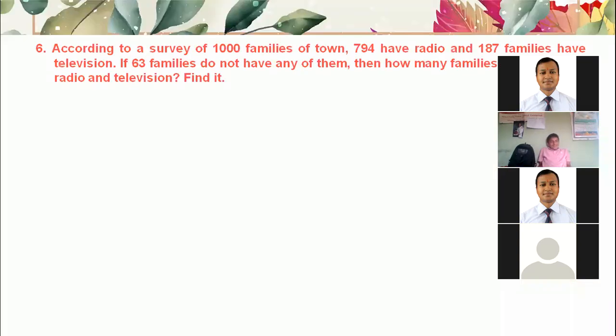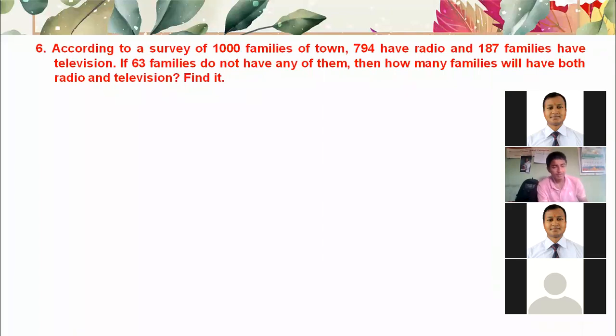Okay, all of you look at this question. According to a survey of 1,000 families of a town, 794 have radio and 187 families have television. If 63 families do not have any of them, then how many families will have both radio and television?